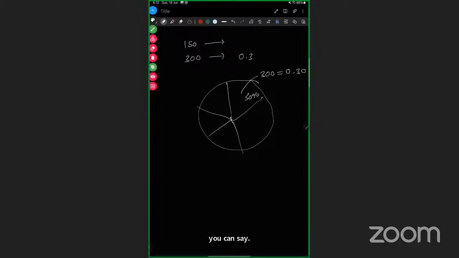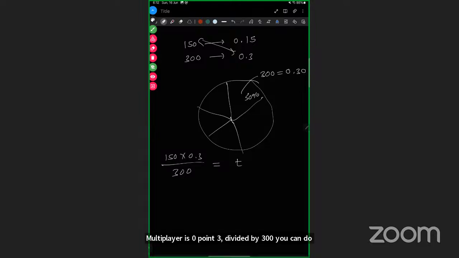So how much will 150 be then? It should be half of this, so T is 0.15. Or you can multiply: 150 multiplied by 0.3, divided by 300. You will get T from here.